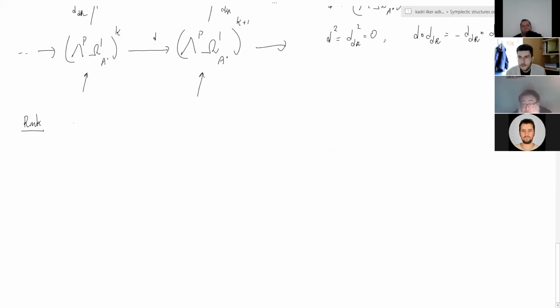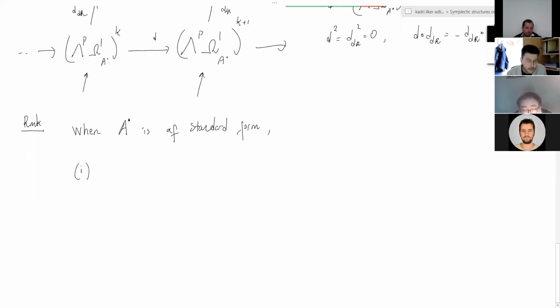Okay, fine. So the thing is, when this A dot is of standard form, we actually have two important outcomes. One of them is the presentation of the Kähler differentials.